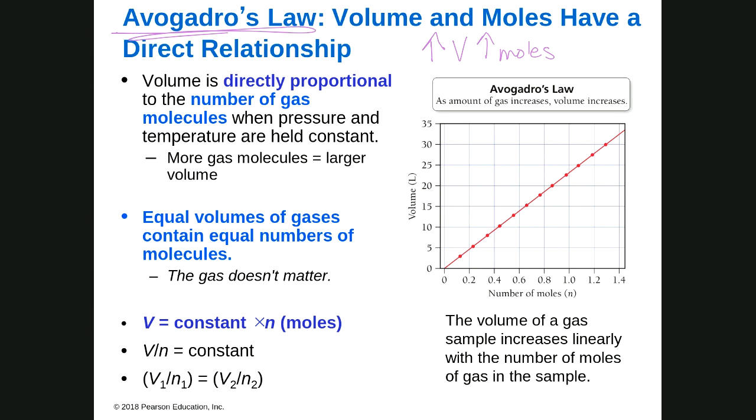And as the amount of gas increases, the volume increases. That's really the easier way to think about it. So if you add more moles of gas, you're going to increase the volume of the gas, as long as your pressure and your temperature are constant. Okay, so you can't change those other parameters for this to be correct.